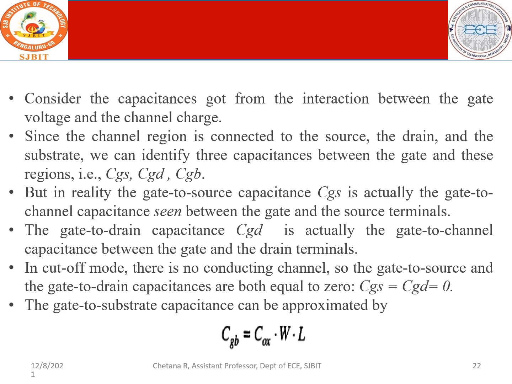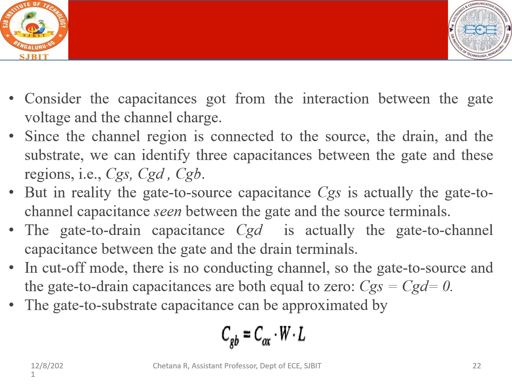Now we need to understand what exactly these capacitances are in different regions. The different regions we have already come across are the linear region, the cutoff region, and the saturation region. The first region we will consider is the cutoff region. In cutoff mode there is no conducting channel. So the gate to source and the gate to drain capacitances are both equal to 0. Since there is no conduction, no capacitance exists.